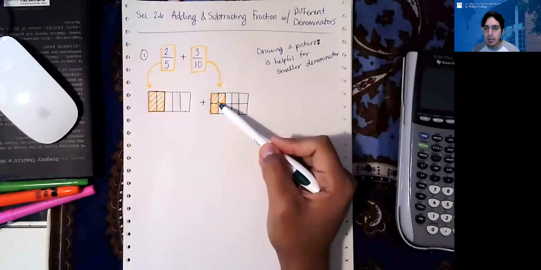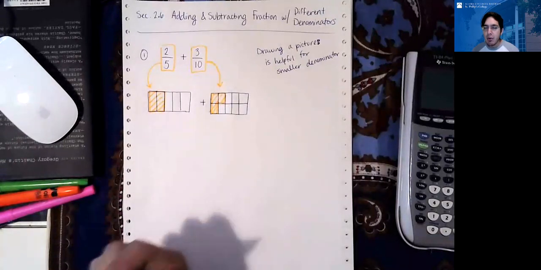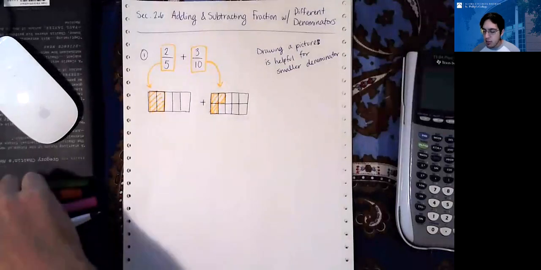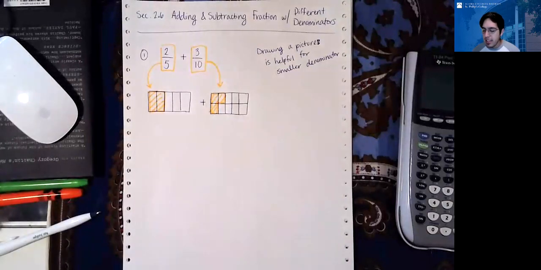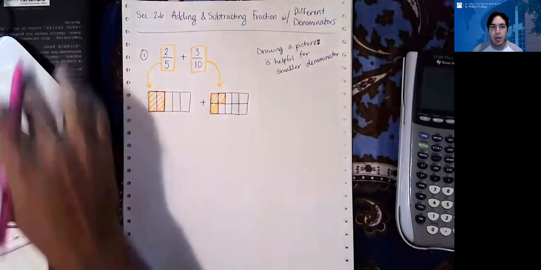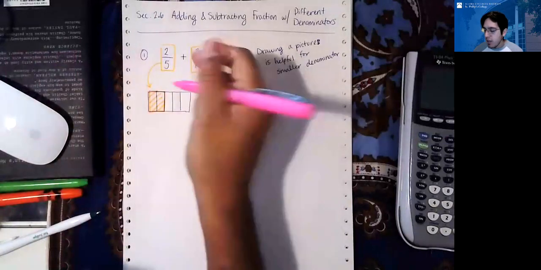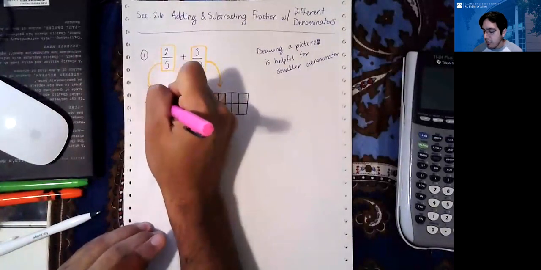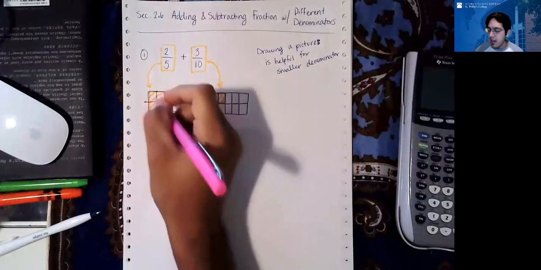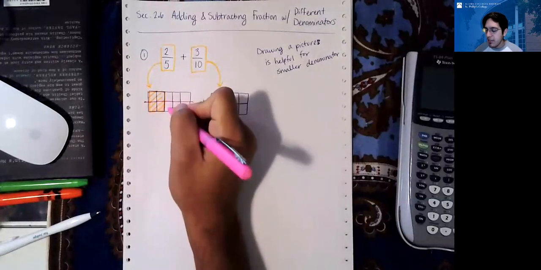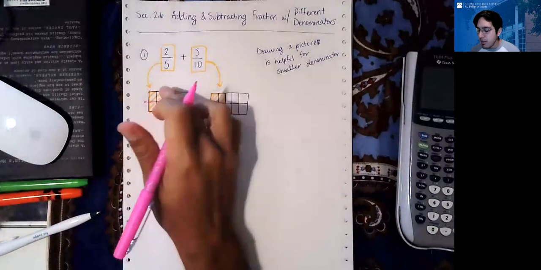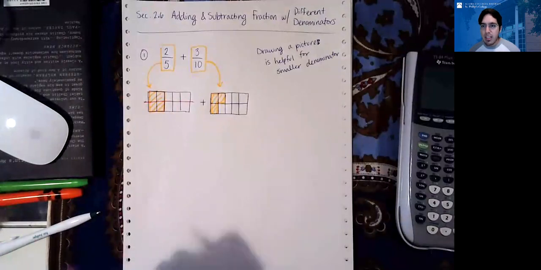So if I want to add them, I need to somehow come up with a way of representing them as the same thing. So one thing that you could do with a picture like this is say, well, if I went ahead and divided up this rectangle in half, like so, well then I can say that now I have 1, 2, 3, 4, 5, 6, 7, 8, 9, 10 smaller squares making up this chocolate bar or whatever the object is.